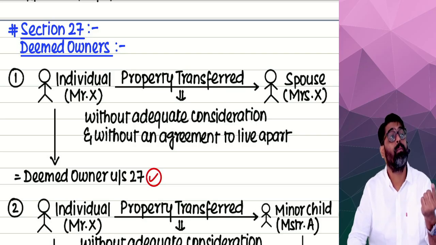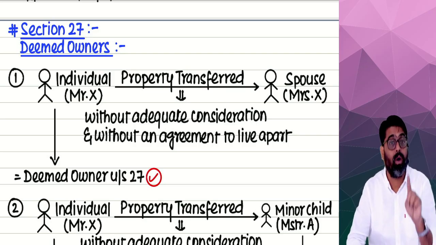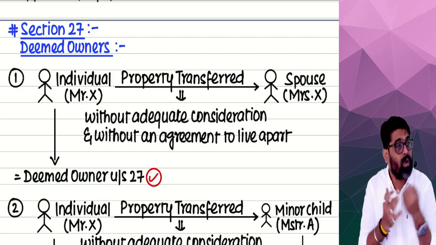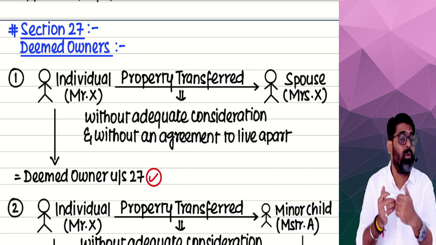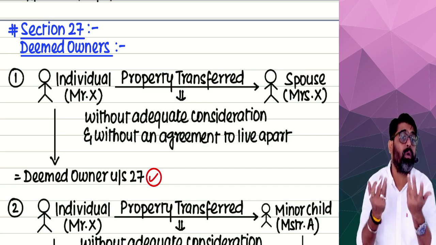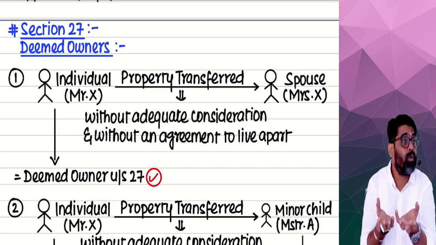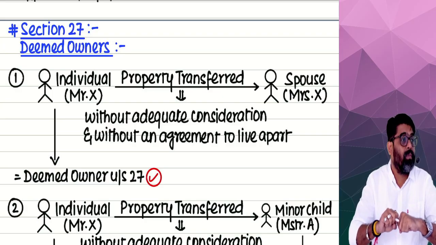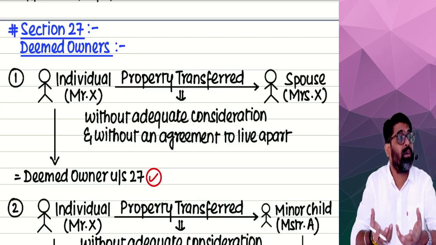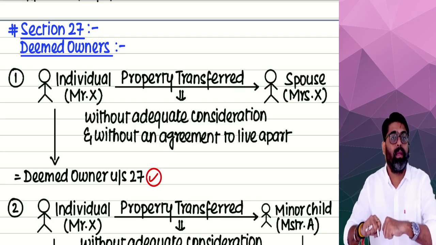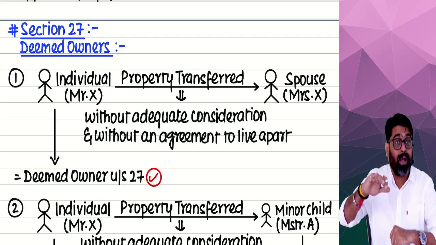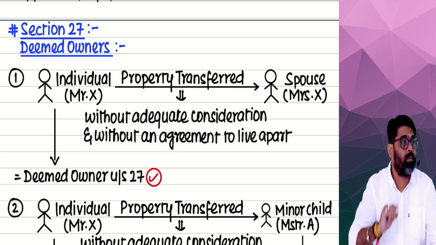We want to charge the income in your hands, but you are not the legal owner. So we will have to make you a deemed owner. Only then will we be able to charge that income in your hands under the head house property.